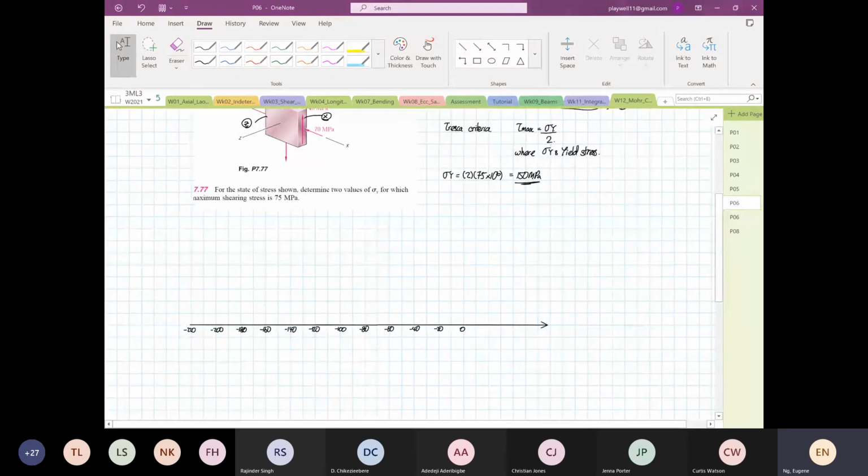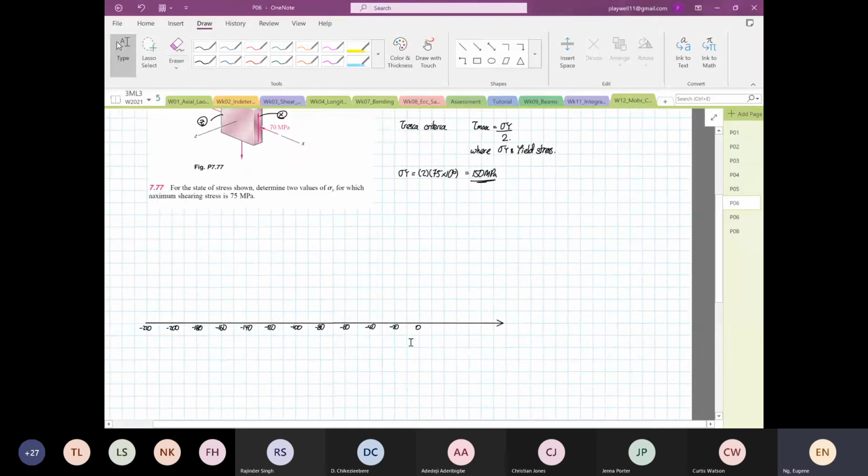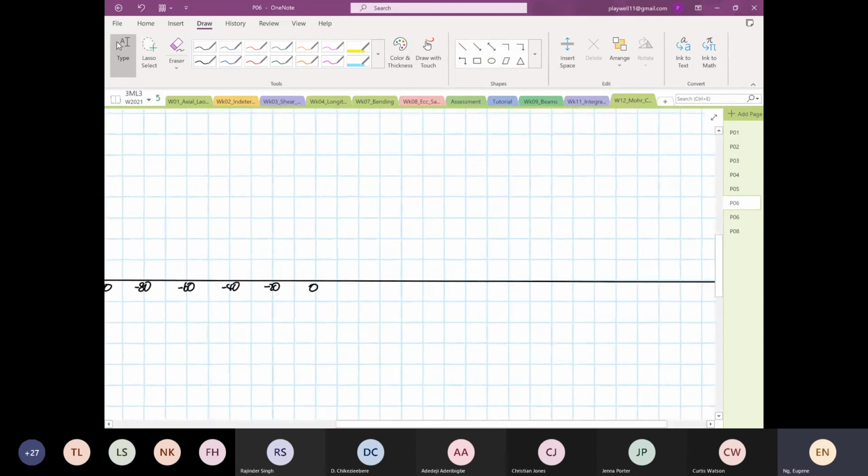Do I have enough space? Whoa, I need to go further. Let me later elaborate why I need to draw so much. 20, 40, 60, 80, 100, 120, 140, 160. I'm going to start at 160 down.